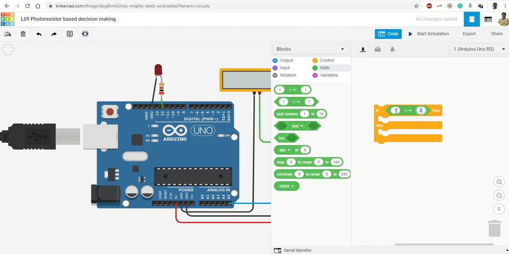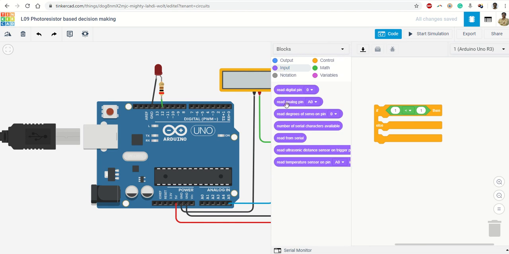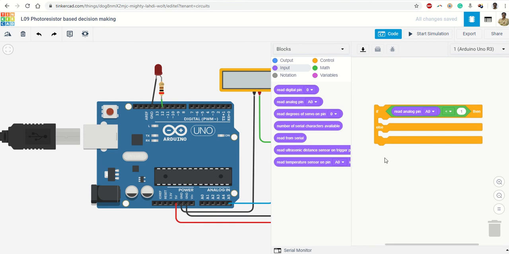So what should be number 1? Number 1 is the analog pin A5 input. I need to read the input, right? So go to the input and see, I have read analog pin. So take it and insert it. So if read analog pin A5 is less than, so I want to set the threshold maybe around 1.5 volt.